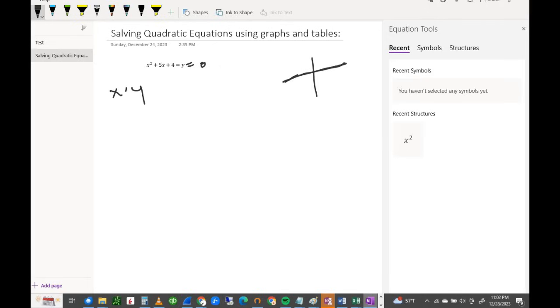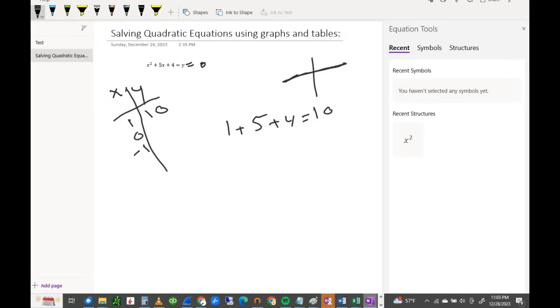X, y, so I got 1, 0, and minus 1. Okay, if we plug in 1 in this equation, what do we get? x squared would be 1, plus 5, plus 4, which is 10. Sorry, 10.